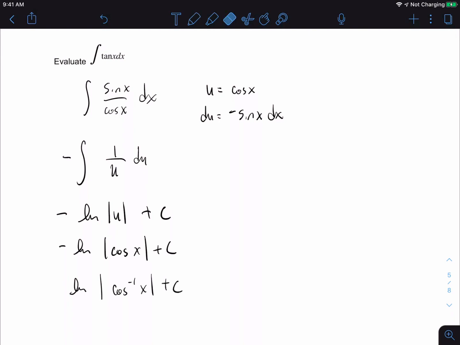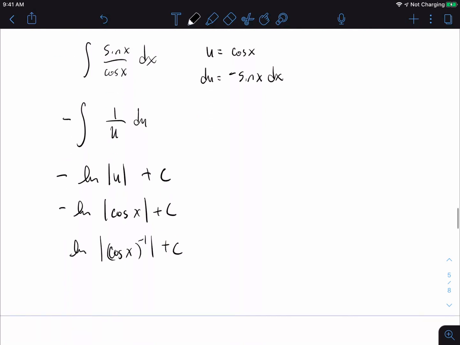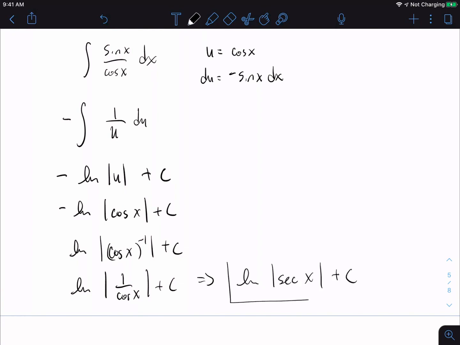And in fact, I should write it this way so that you guys don't get confused, because then people will think it's arc and it's not arc. This tells me that it is ln of 1 over cosine of x plus c, which is ln of secant of x plus c.